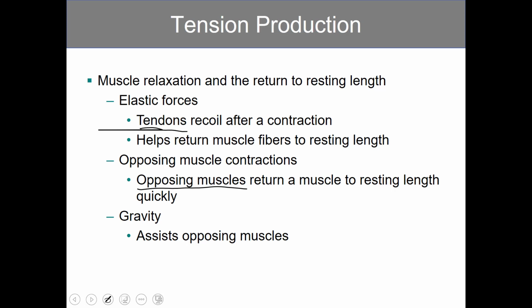One flexes, the other extends. They have opposite actions. Lastly, gravity. When you contract the biceps and you decide to release that contraction, gravity is going to help pull everything towards the center of the earth, which is going to return that muscle to its resting length. So three factors that help return a muscle to resting length during relaxation.